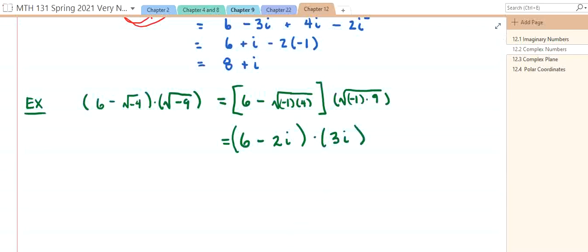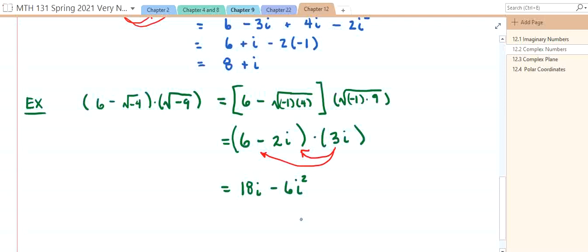Okay, so now at this point, we have to distribute this through. We have to multiply this by this and this by this. So let's do this one. We've got 18i. 3i times 6 is 18i. And then minus 2i times 3i is minus 6. And it's an i times an i there, so you've got to keep track of that. i squared.